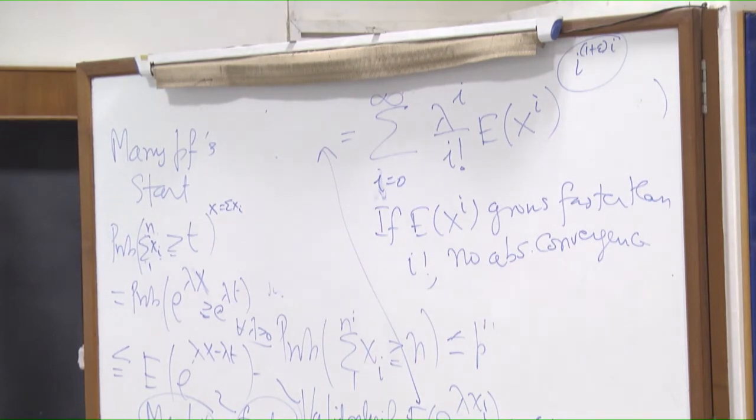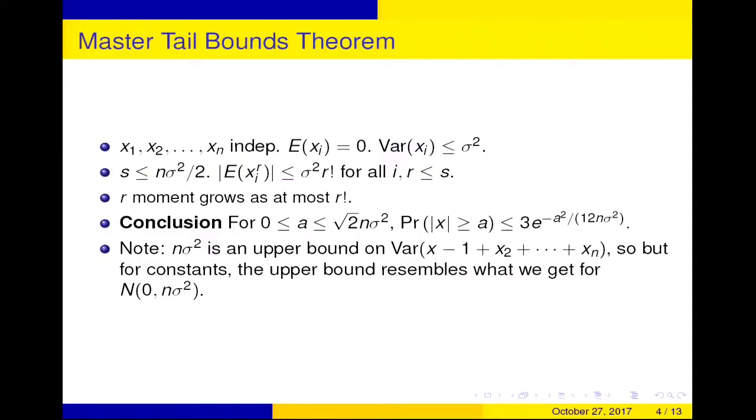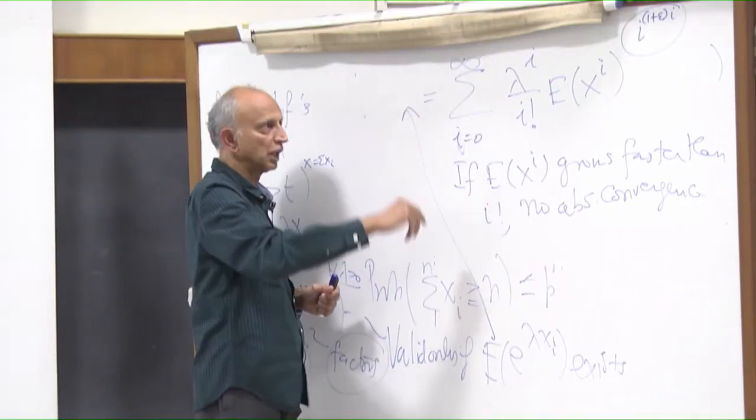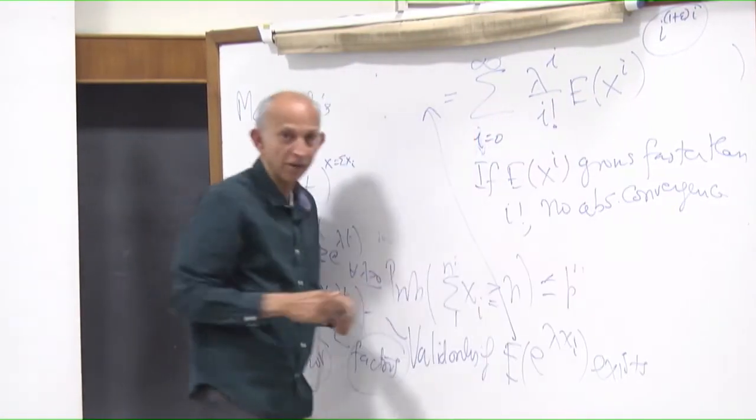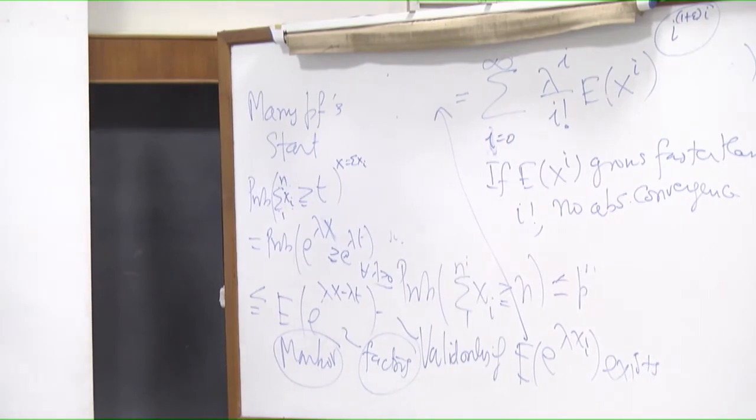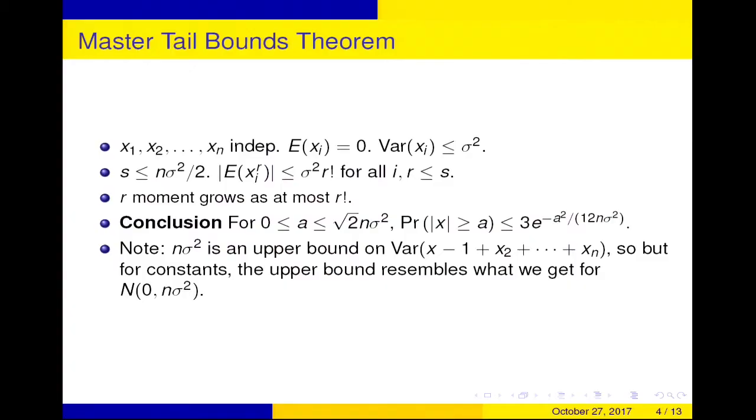So the i factorial agrees with that. But most importantly, this method only works if for every i, however large, it's bounded by something like i factorial. Whereas here we assume only finite moments, right? So this is very crucial.